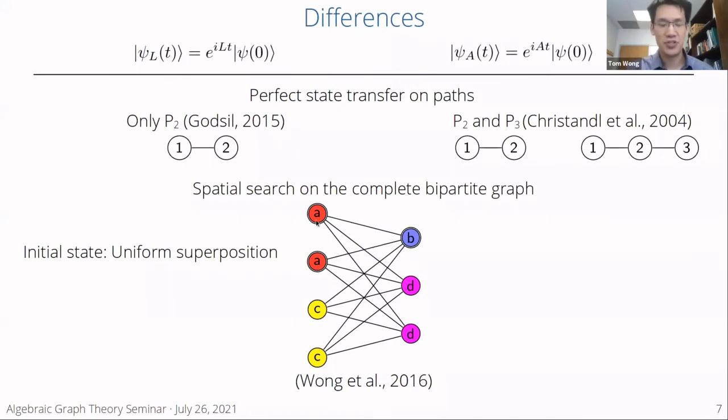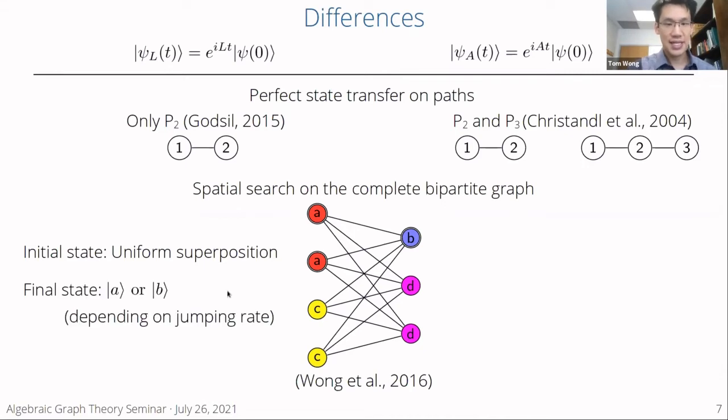So the initial amplitude is 1 over square root of 7 for all of these. And if you evolve with a Laplacian quantum walk with a search oracle, then your final state is either going to be a uniform superposition.